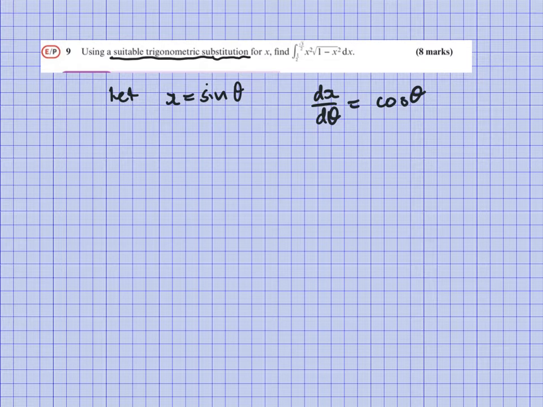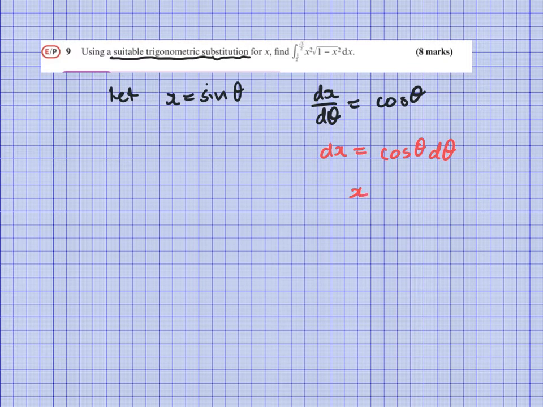So now rearranging, we can get dx equals cos theta d theta. Lovely. We can substitute that back in at any point. Let's move on and do the next step, which is finding the limits.